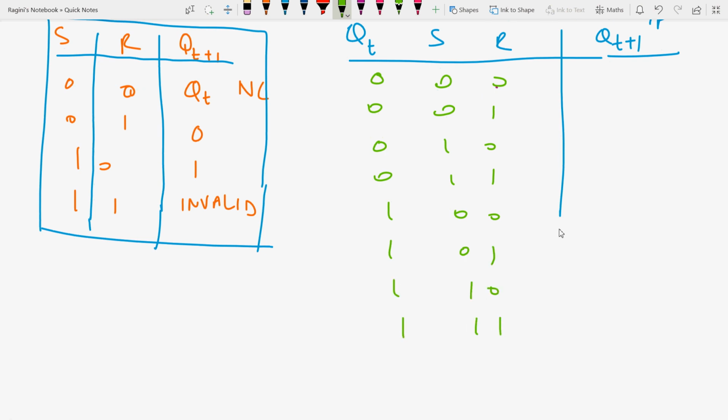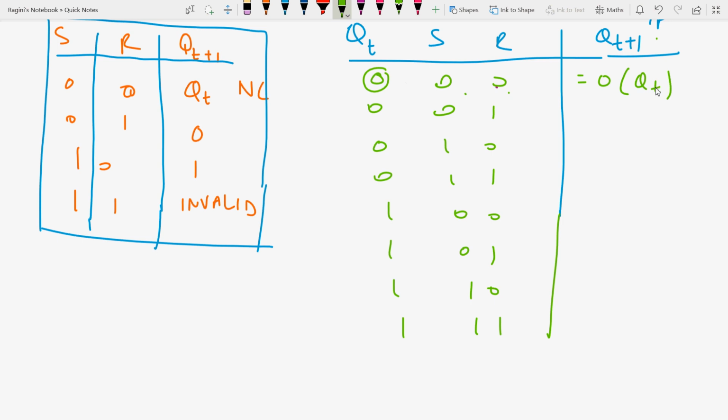Now Qt is the previous state and Qt plus 1 is the next state, the output. As S and R are both 0, and Qt is 0, it will give 0.